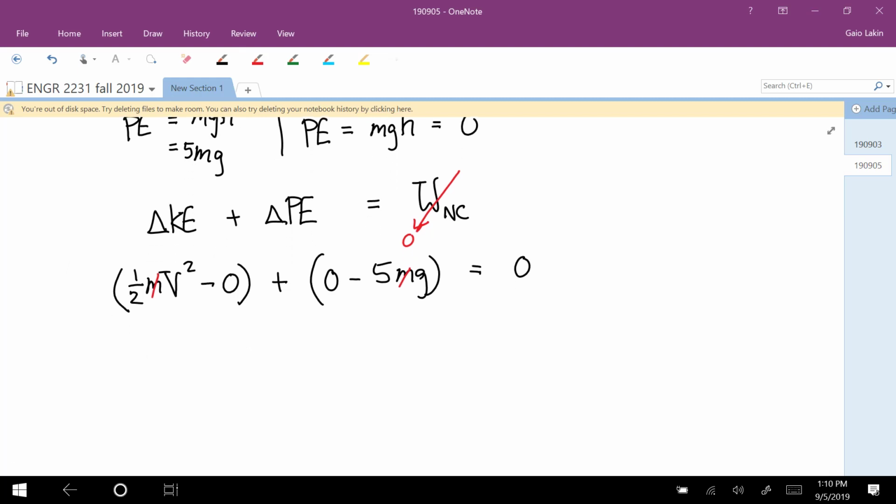And you get that v squared is equal to 10g. And so the square root of 98.1. Can someone calculate that? Like 9.90? Okay, meters per second.